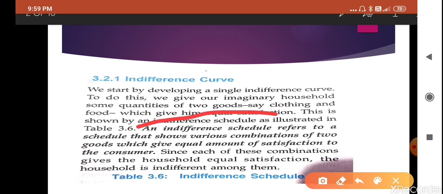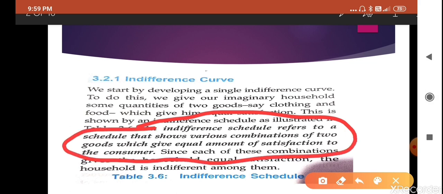So this is the definition of indifference schedule, a schedule showing different combinations of two goods which provide a consumer the same level of satisfaction. That will be clear with the table. Let us go to the table.